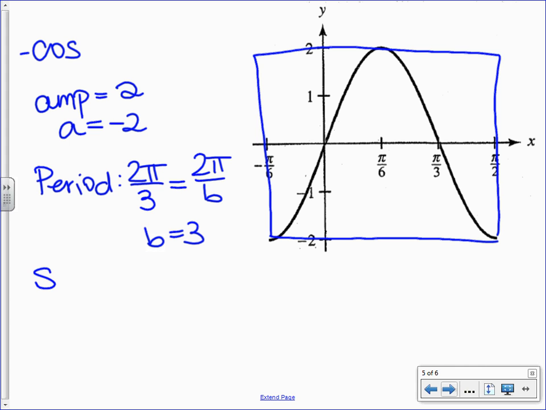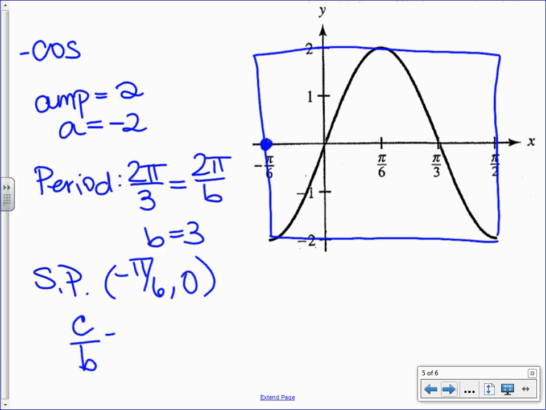Our starting point, what is it? Here's our frame. Good, middle of our frame. Negative pi over 6, 0. Okay, now d is 0, that's fine, but how do we get the x value here? It should be c over b, correct?